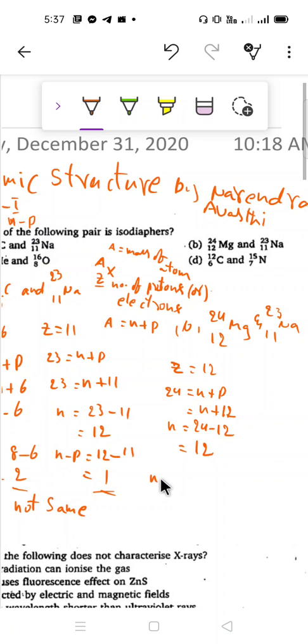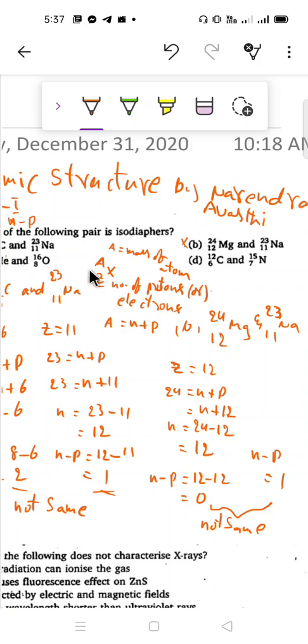N minus P is 12 minus 12, which is 0. These two values are not the same, so these are also not isodiapers.